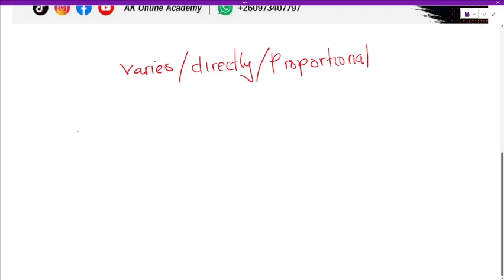So let's have an example. They say, given that A varies as B, what does that mean?